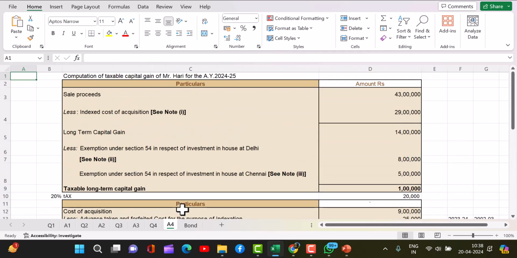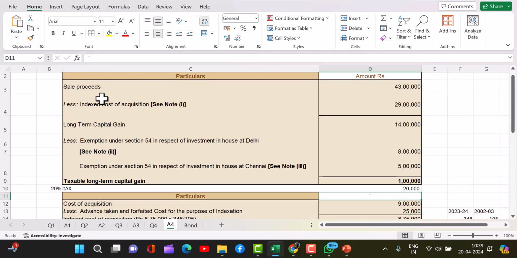So let's go and recap. This is Mr. Hari, and we are trying to calculate his capital gains liability for the assessment year 2024-25. He sold the house for 43 lakhs. Then we calculated his indexed cost of acquisition. He purchased the house for 9 lakhs.